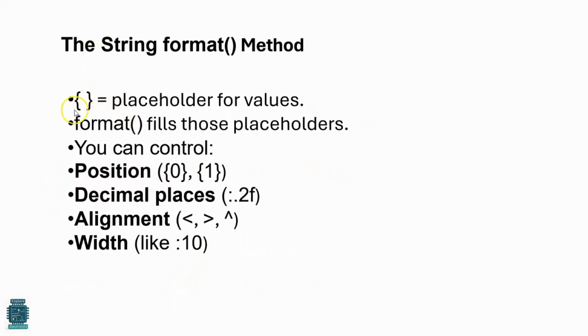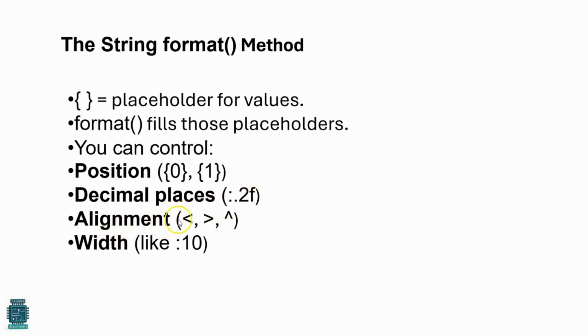Let us see the key points that we have used in all the examples. These are the placeholders for value. We use 0, 1, 2, 3 placeholders, right? The format fills those placeholders. Got it? And you can control position, which means 0, 1, and decimal places we have used, .2f, .3f. You remember in the previous examples.